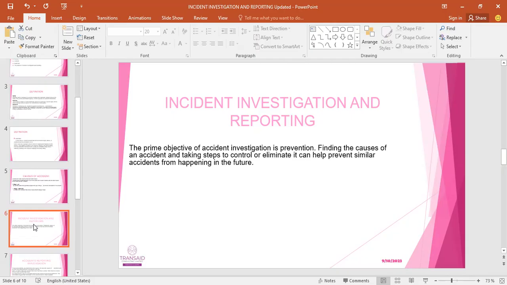The reason being that investigation, as it sounds, looks like, oh, we want to know who caused this. Oh, we want to know who to pin the blame on. Oh, we want to establish who is at fault. Accident investigation is not a fault-finding mission.